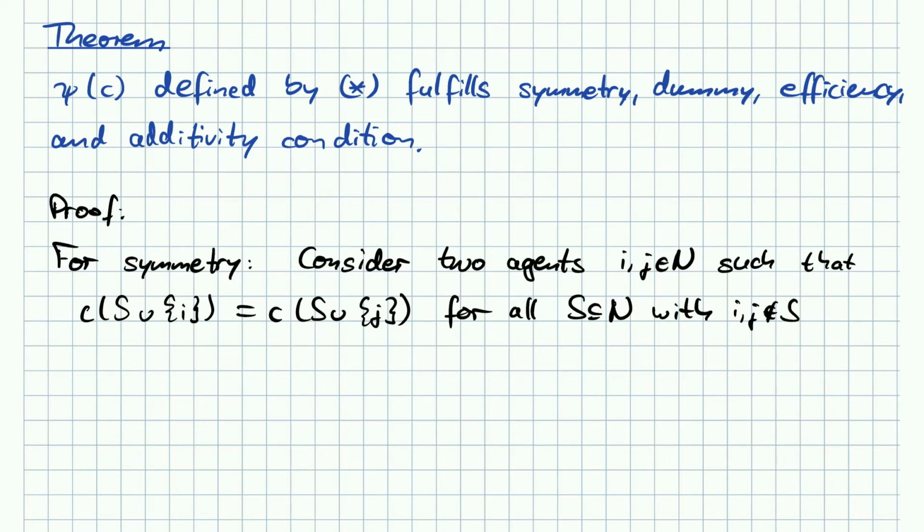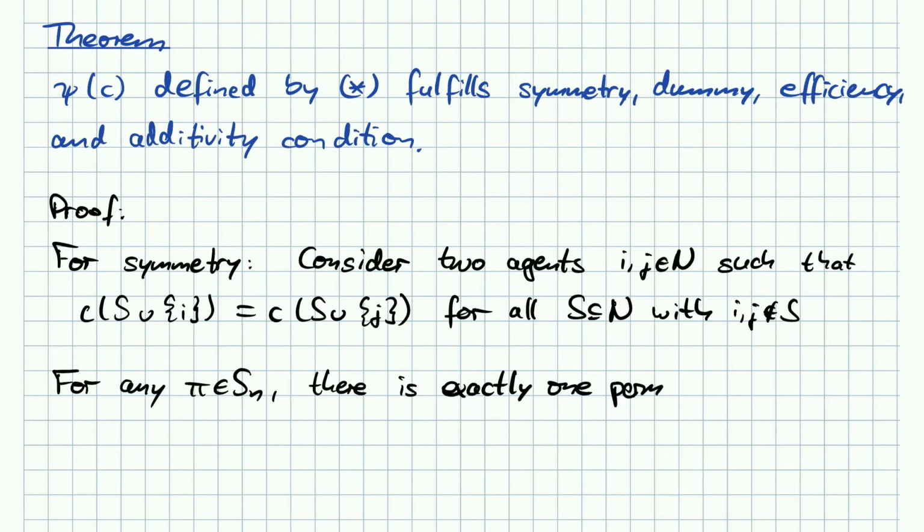Now we will define, for any permutation pi, there is exactly one permutation, pi superscript I comma j, with the following: I and j are simply swapped.